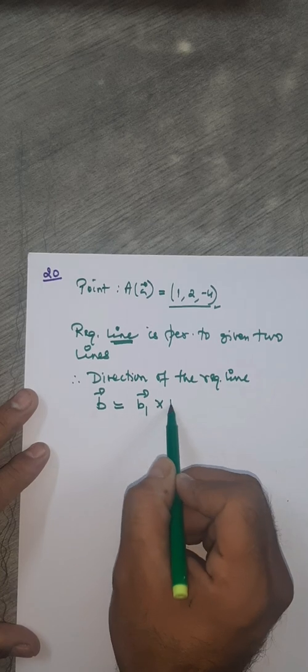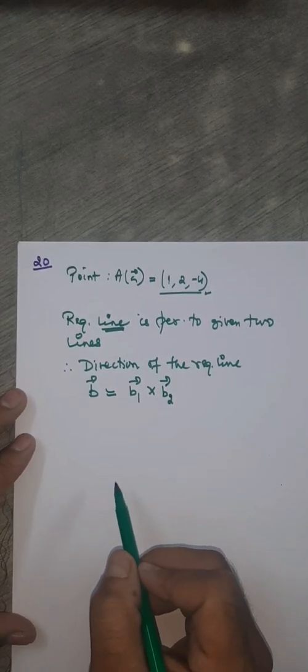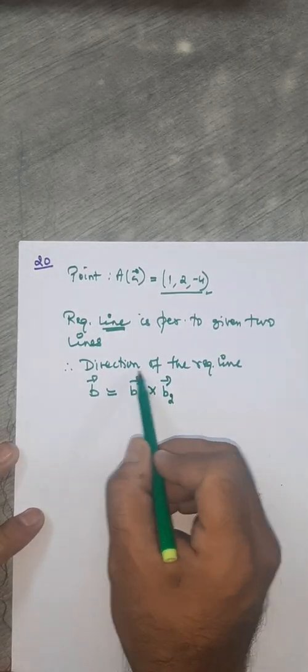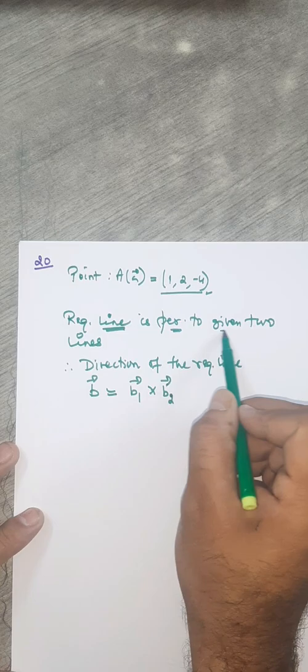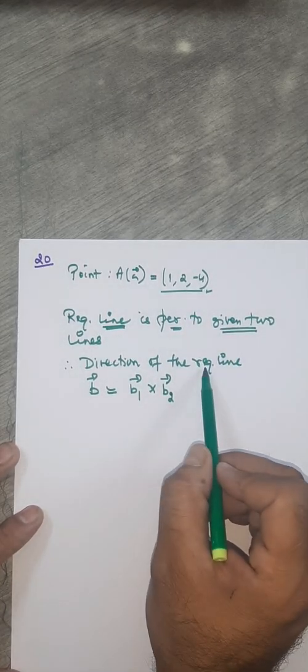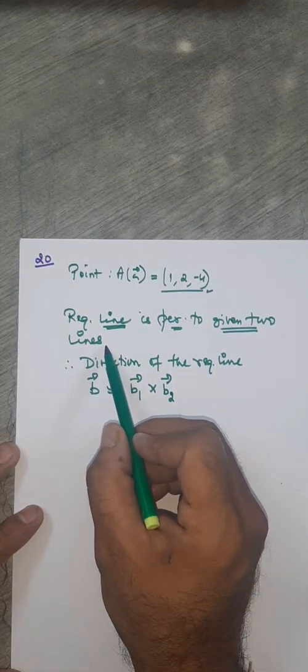So direction of the first line cross direction of the second line. It's like the previous question only, remember, because here the required line is perpendicular to the given two lines.